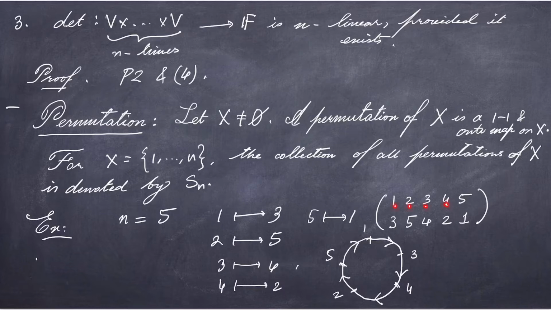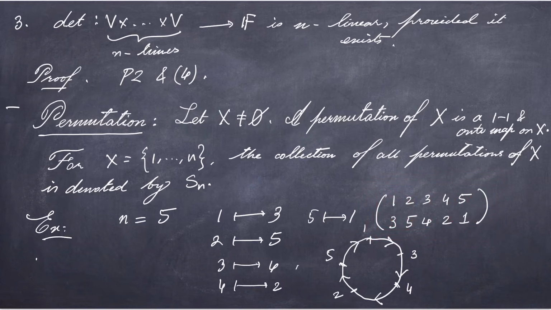On the top row we will write 1 up to n, and in the bottom row we will write the corresponding images. So for every i on the top row, just below that we will write its image. So this permutation of 1 up to 5 is thus written in this notation like this. Okay, so 1 3, 2 5, 3 4, 4 2, 5 1.